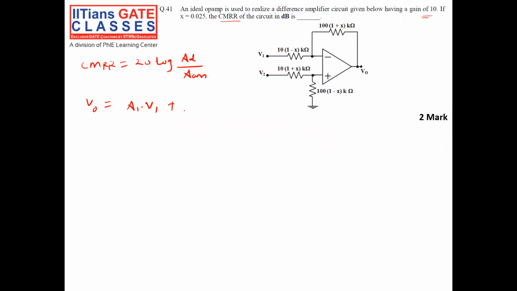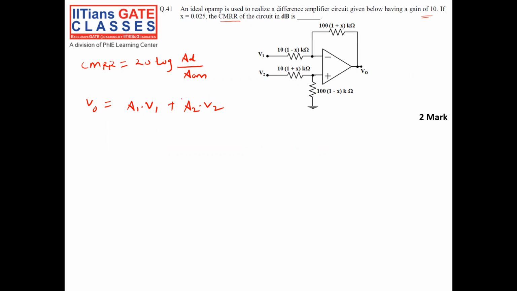Plus A2 times V2, which is the output voltage when only V2 is there and V1 is not there. So output is the sum of A1 V1 plus A2 V2. I am just using the superposition theorem. This is the total output due to V1 and V2.